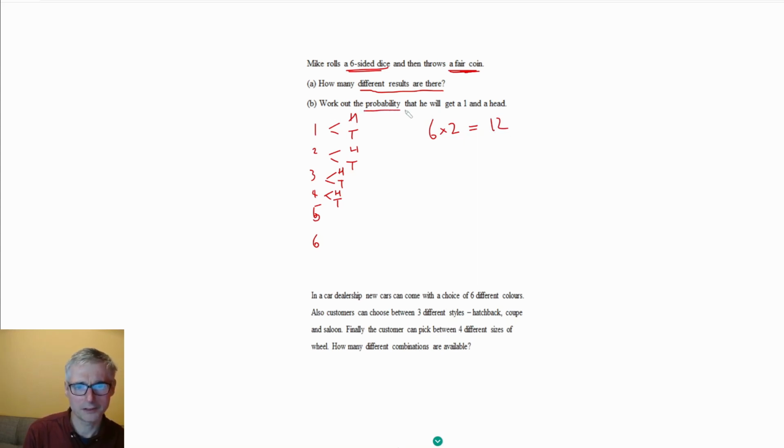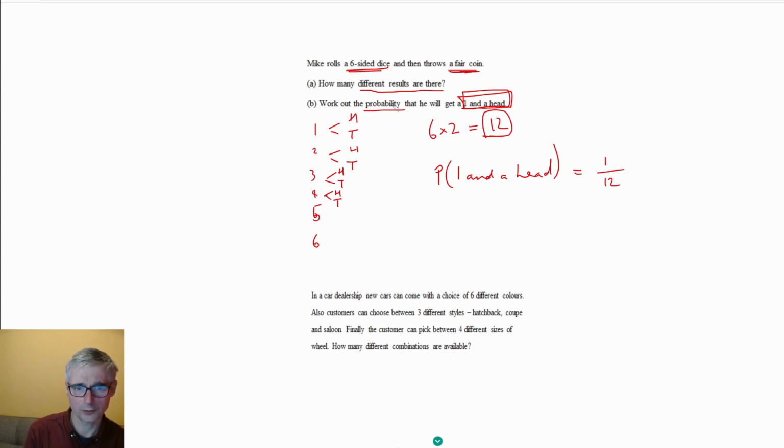If we're working out the probability now of getting a 1 and a head, well, that's only one option. There's only one way we could do that out of 12. So the probability of getting a 1 and a head, that's a shorthand way of writing it, where the P stands for the probability, is the number of ways we could get that, the 1 and the head, and there's only one way we can do that, out of the number of different outcomes, which is 12.